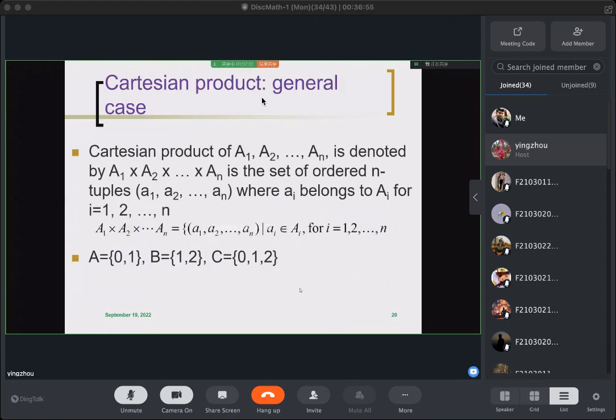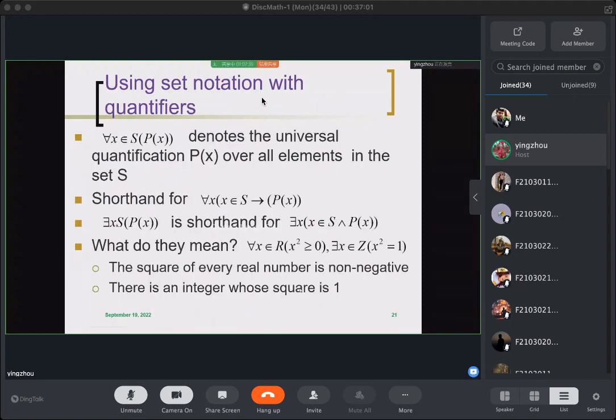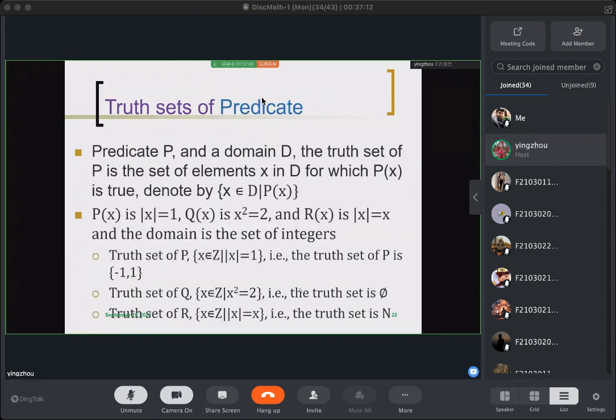And here is the general Cartesian product, which has more relationships. We just use set notation together with modifying the symbol, which are tools I've already shown in the video.